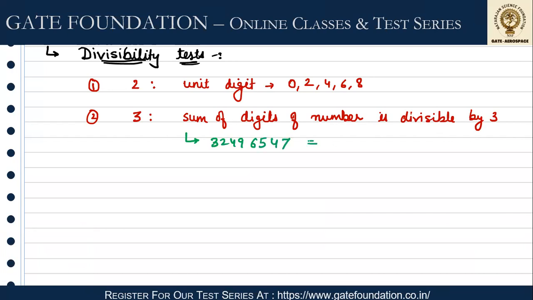So let's add it up: 3 plus 2 plus 4 plus 9 plus 6 plus 5 plus 4 plus 7. Can anyone tell me what is going to be the answer? 40. Right.